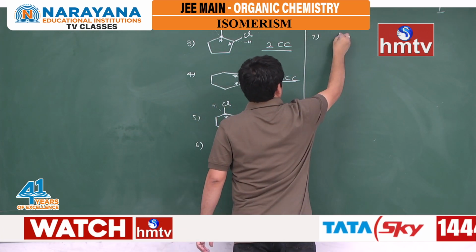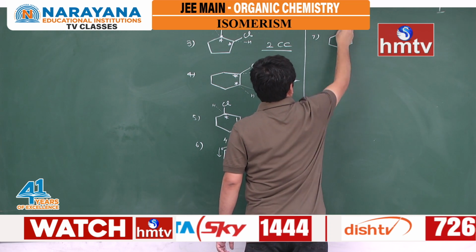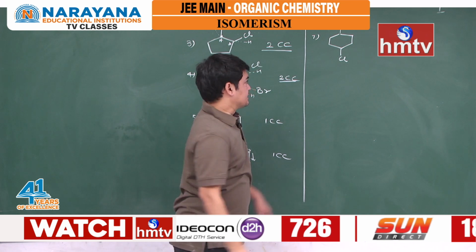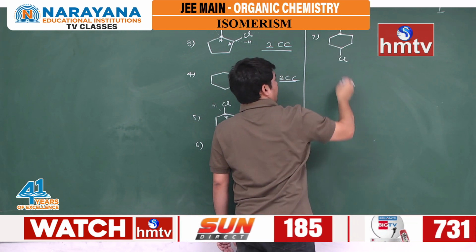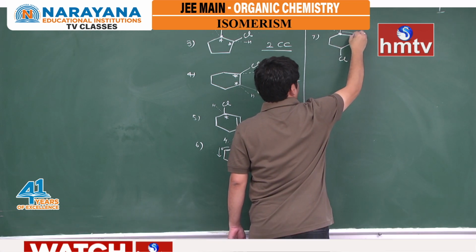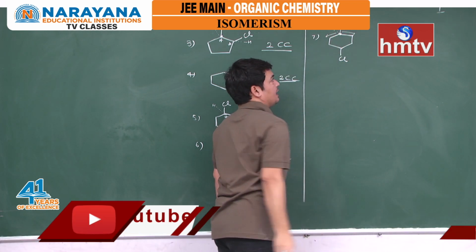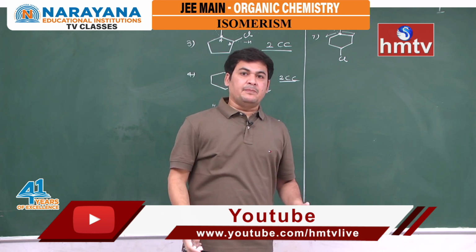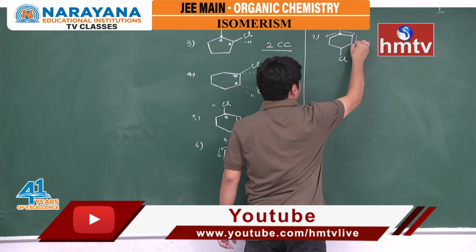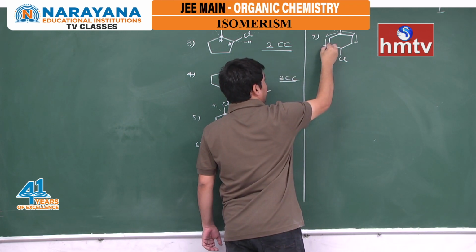Seventh example. Suppose I write here Cl, here Cl. Now you check this case. This carbon: first valency Cl, second H, third normal carbon, fourth normal carbon. I got both carbons the same. Then move on to get the first point of difference. As you move forward, again normal carbon, again normal carbon.